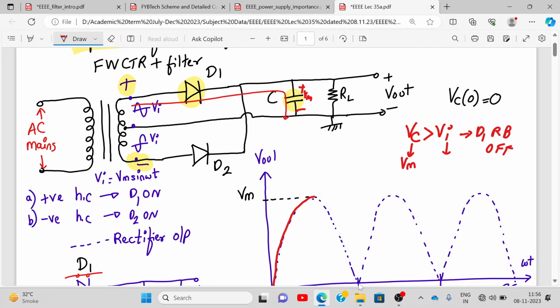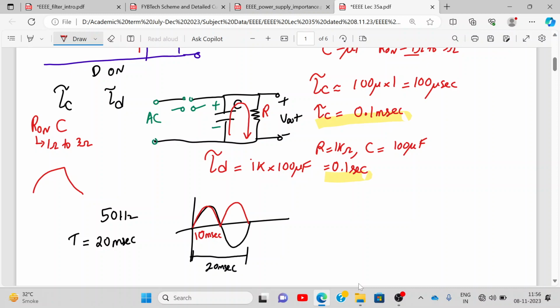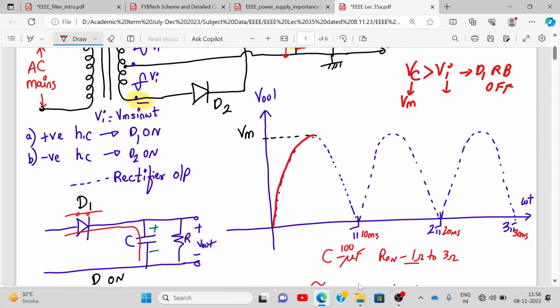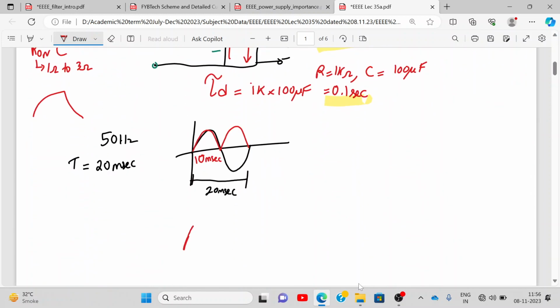Now when the diode is off, what is the discharging time constant of the capacitor? 0.1 second, which is very slow. What I mean is that about 5 cycles will come, and then it will discharge. I'll show you.